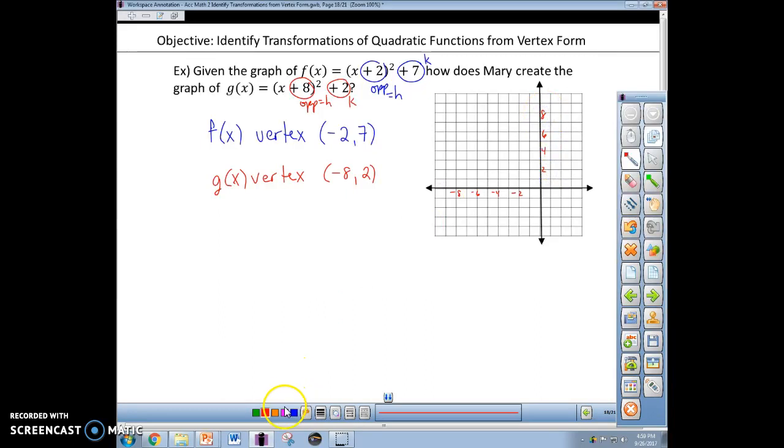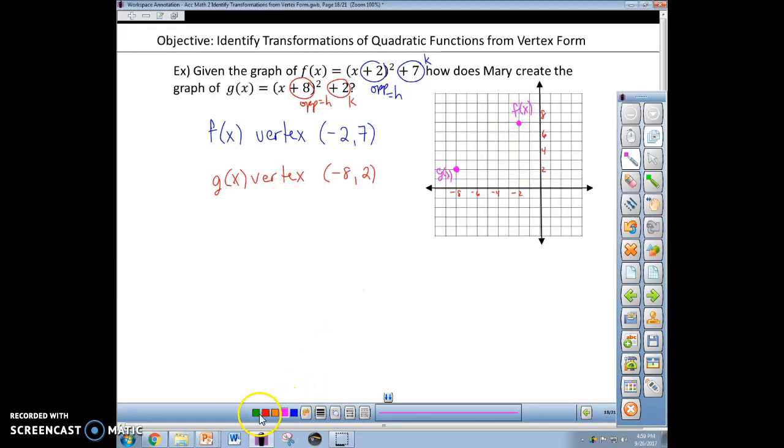So here we have at (-8, 2), this is our g of x this time. And then at (-2, 7) is the vertex for the f of x function.